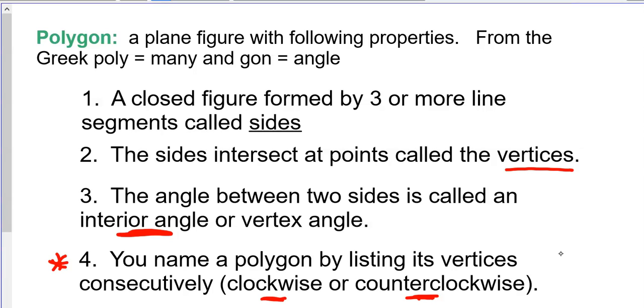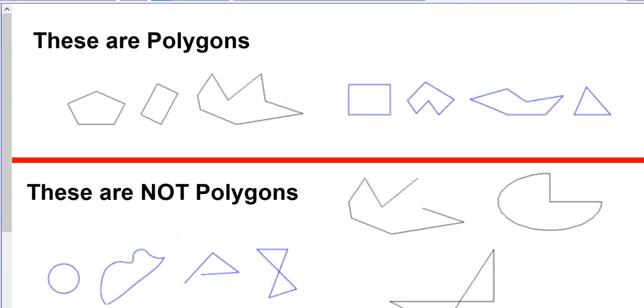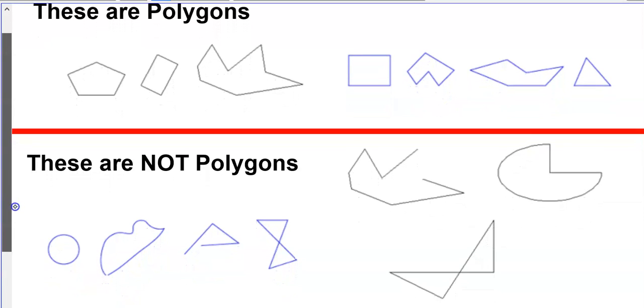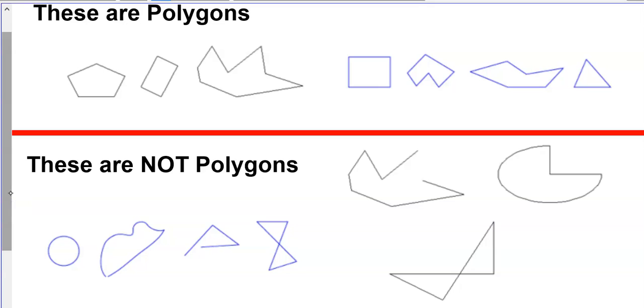So it's not necessarily alphabetical. It seems like it is sometimes, but it's just starting at one vertex and going around until you get to the original vertex again.